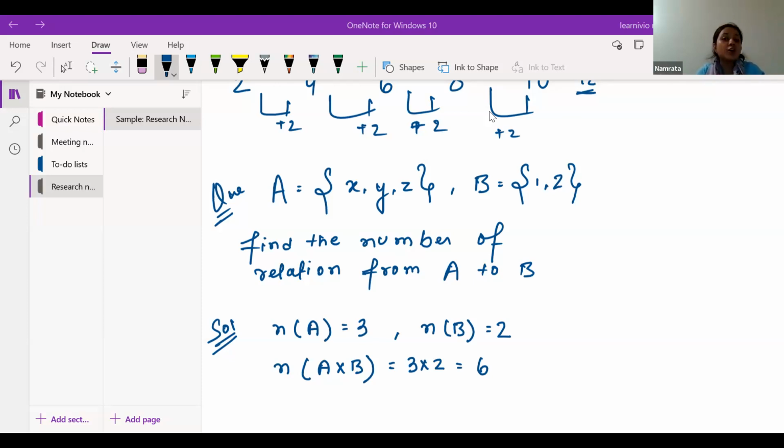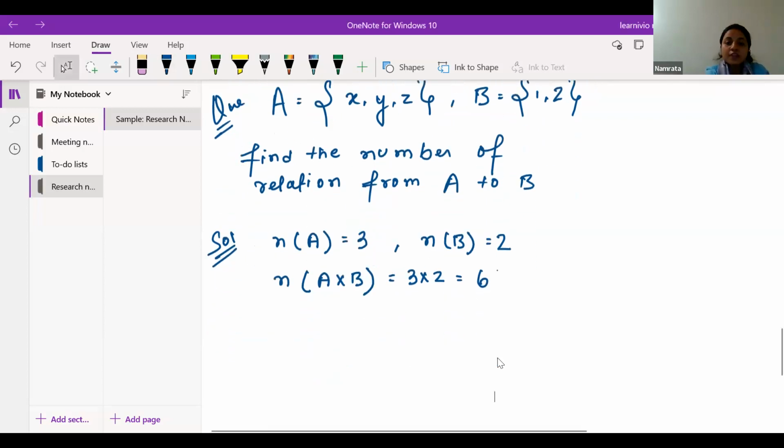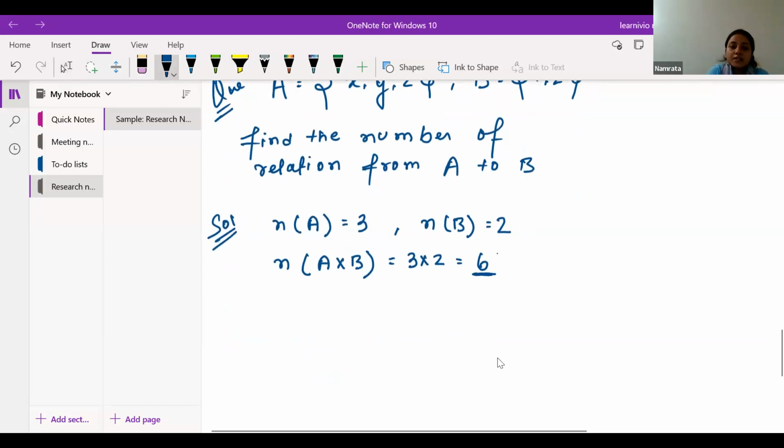Relation means it must be a subset of the Cartesian product. And how do we find the number of subsets when we know the number of elements? When 3 elements are there in a set, then the total number of subsets will be 2 to the power 3.